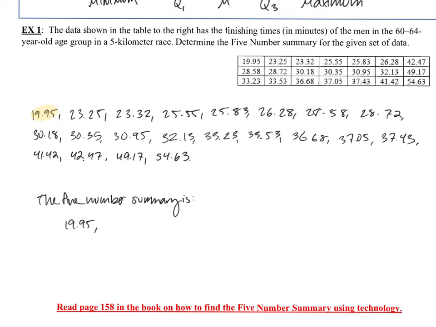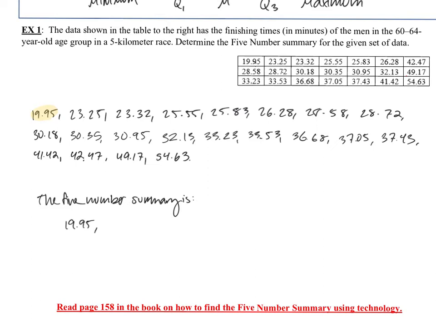Now we need to find Q1. So Q1 is going to be the median of the bottom half of the data. So how much data do we have? Well, we have 21 data items. So half of 21, or the median, actually right now it'd probably be easier to find the median. So the median is going to be the 11th number.